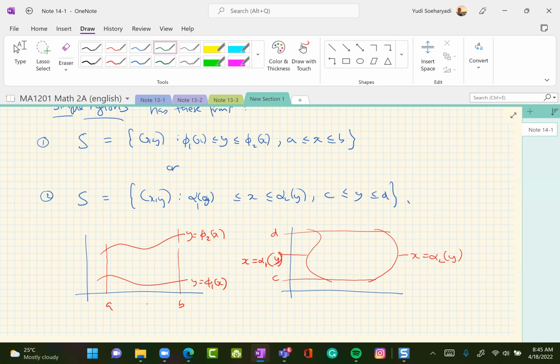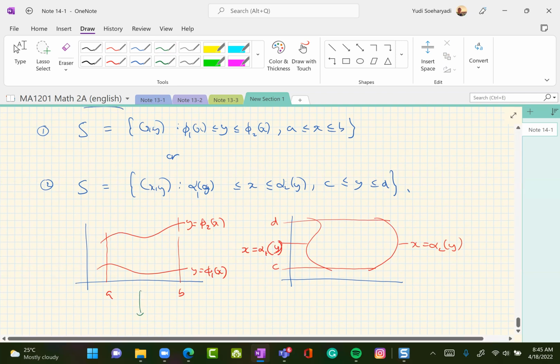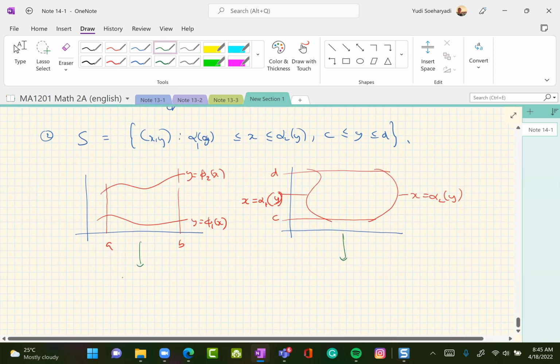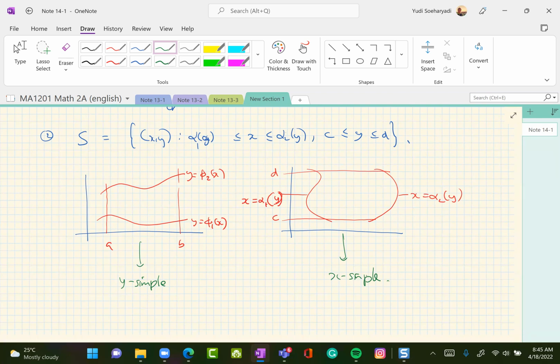This has a name. This is what we call the y simple region, and this is an x simple region.